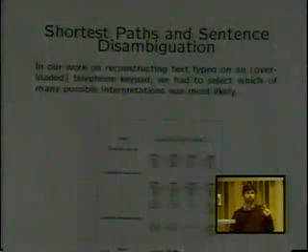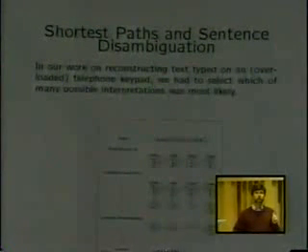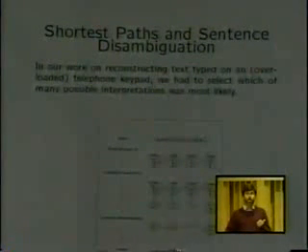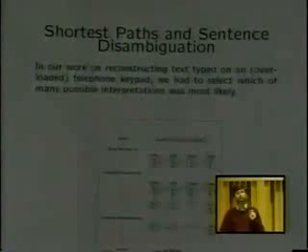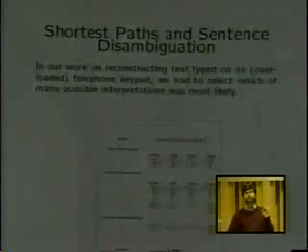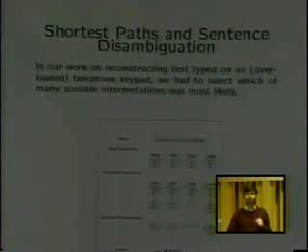Okay, very good. Well, I'd like to talk today about shortest path problems. How do you find shortest paths in graphs? Shortest path problems come up in a lot of applications. They come up in transportation applications, where you want to find the shortest path from here to there, and in communications applications. But more than that, they come up in applications where the graph structure is not necessarily apparent.